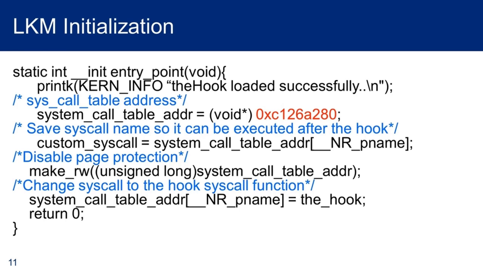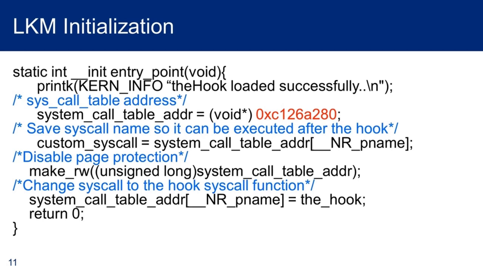Finally, we disable page protection and replace the system call table entry for pname, allowing us to execute the hook prototype defined in this LKM. We are really replacing the custom syscall defined when we built the kernel with a malicious syscall defined in the LKM. Once we make this change, the LKM just waits for a pname call to come in.